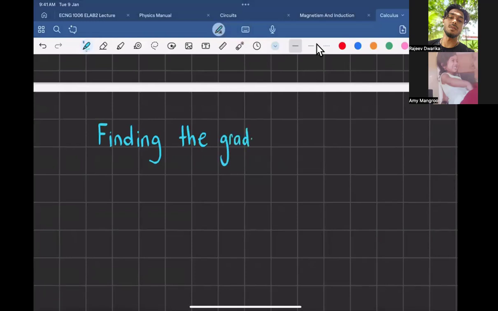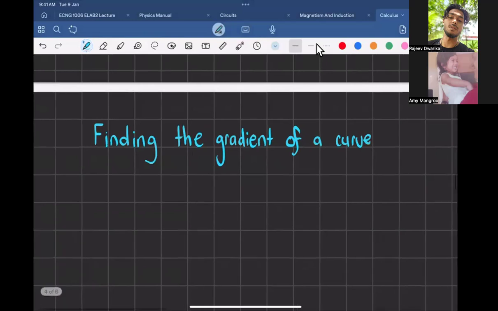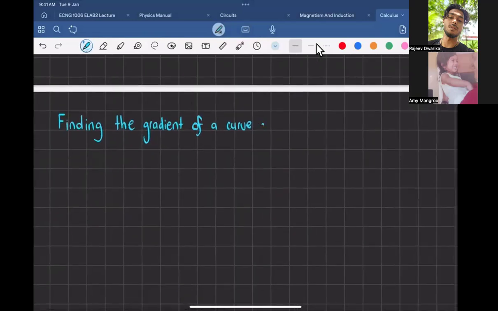Finding the gradient of a curve at a point using limits.